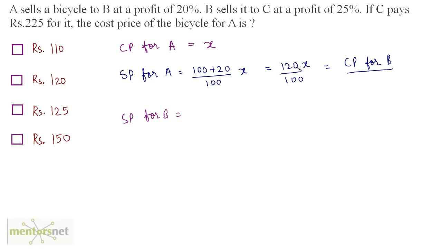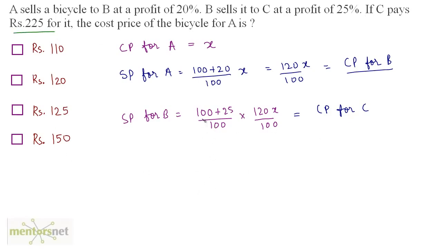The cost price for B is 120 X upon 100, so this is equal to 125 upon 100 times 120 X upon 100. This is also the cost price for C, because B sold it to C and C paid this much. It is said that C pays 225 rupees, so this cost price is equal to 225.